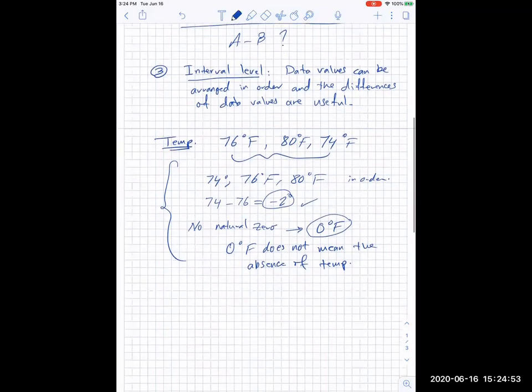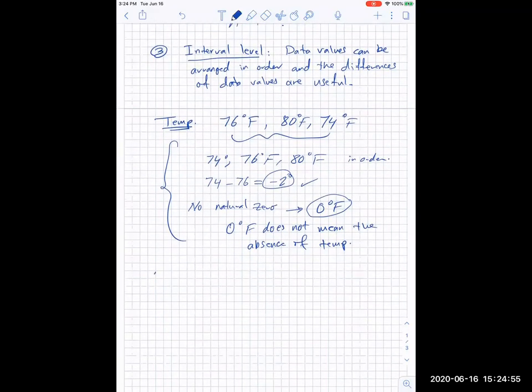Now, the next level, the highest level, is the ratio level. At the ratio level, we have all the characteristics of the interval level, including the natural 0.